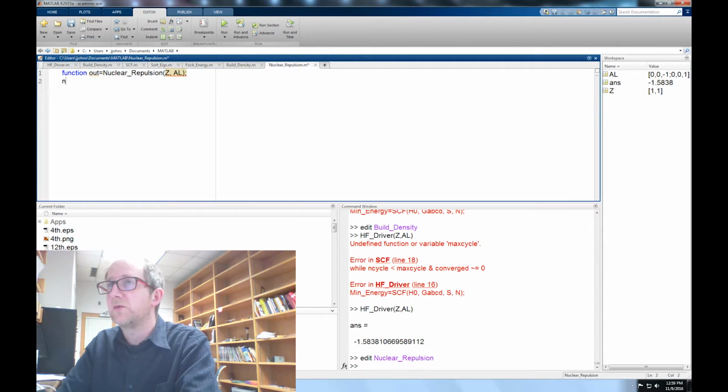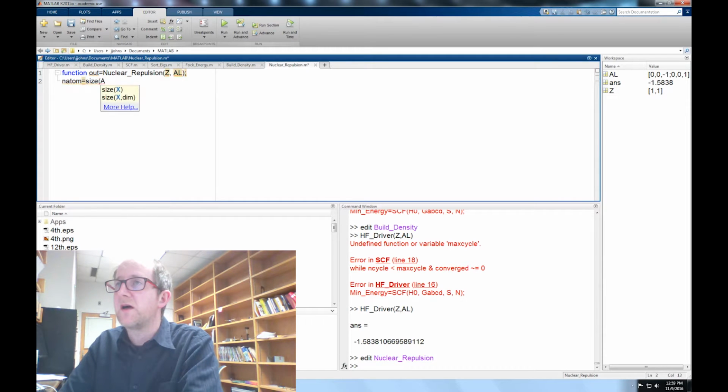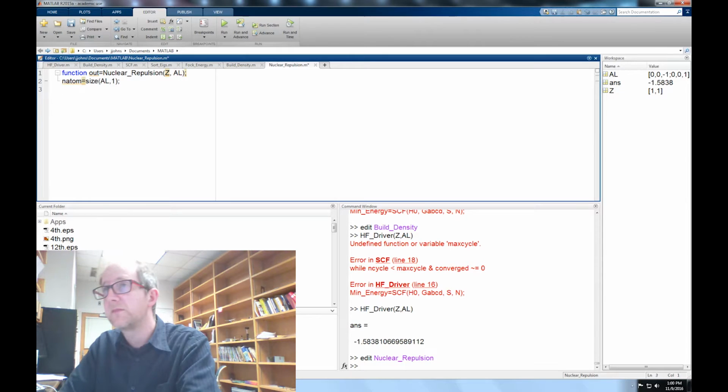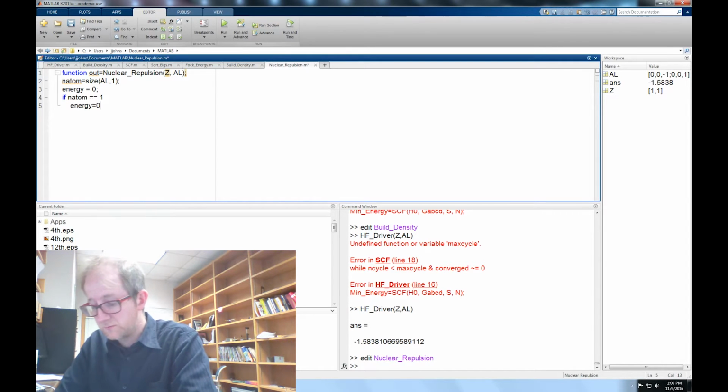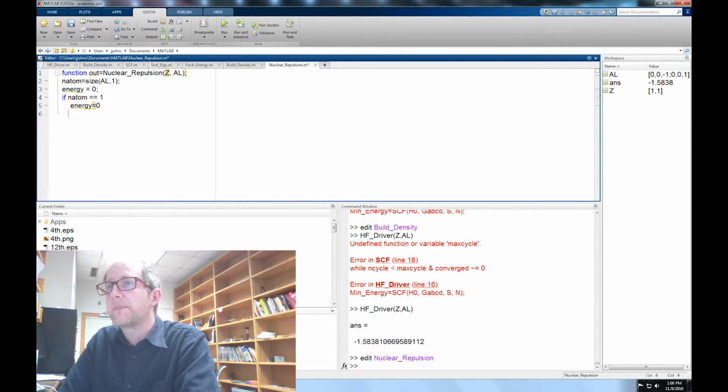N atom equals size of AL, 1. Okay. So we can get the number of atoms, energy equals 0. All right, and so if N atom equals 1, then the energy equals 0. This allows us to do single atom calculations.